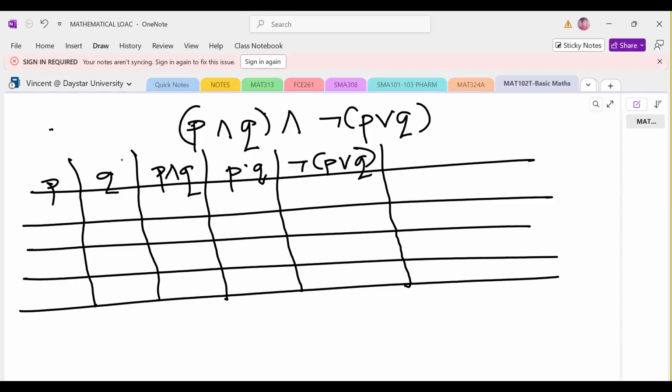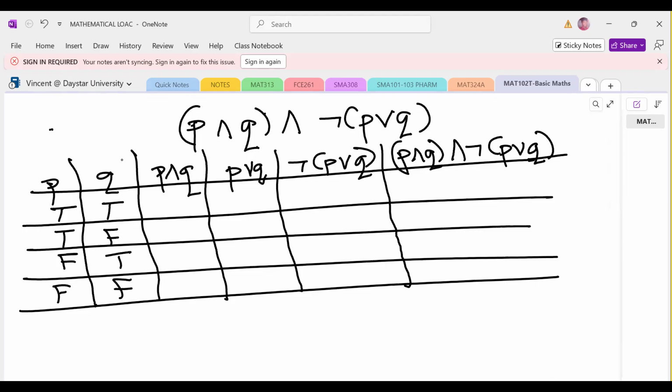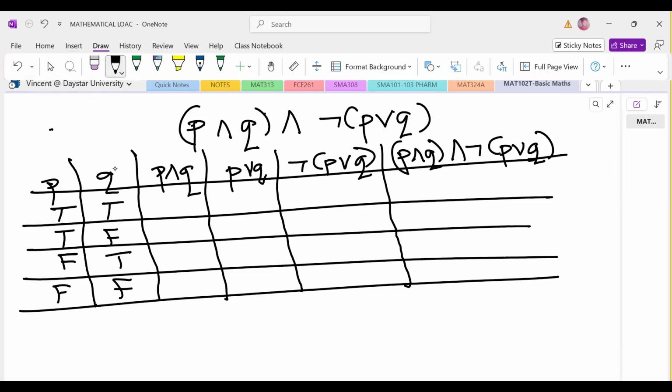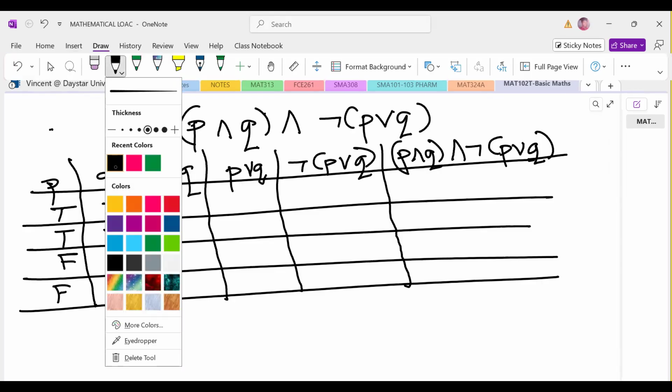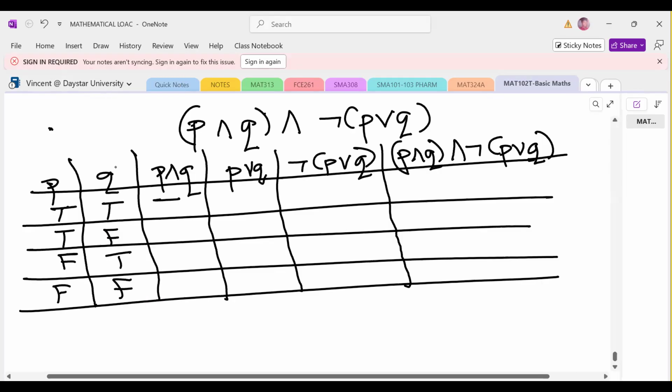So this is what we have: P and Q, then P and Q, then not P or Q. So column 1, how do I fill? T, T, F, F. Then next, T, F, T, F. Now column 3 is P and Q. So true and true gives me true, correct.